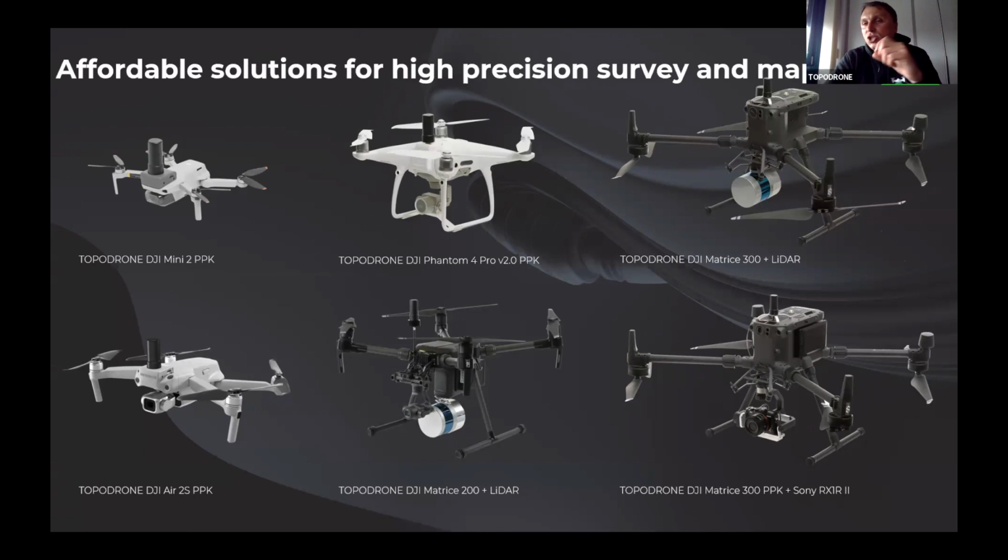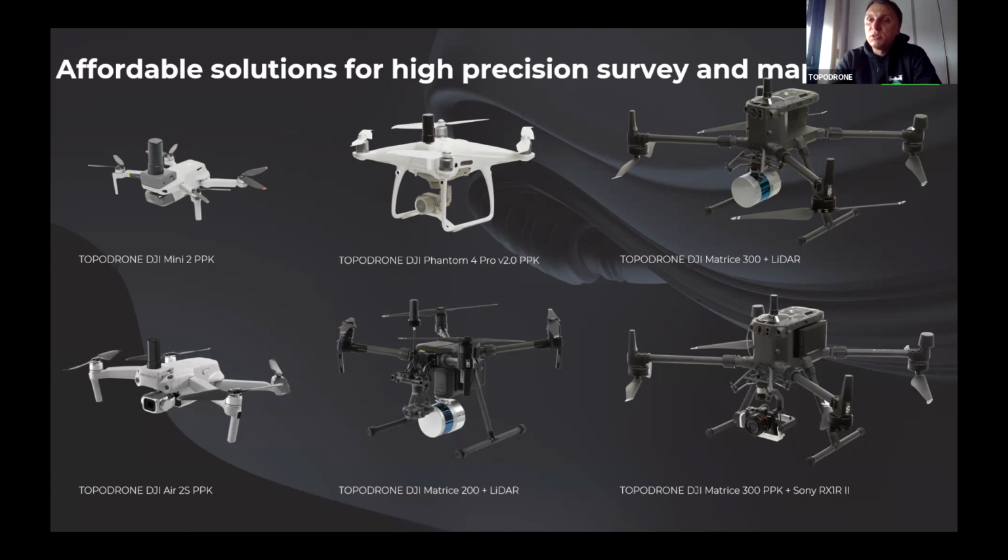The main advantage of our equipment is that our own GNSS receiver, which is produced by us, is installed on the drone, and this solution has a connection inside the DJI system. As a result, you will capture photo events very precisely, and you will get a very precise photogrammetry model.